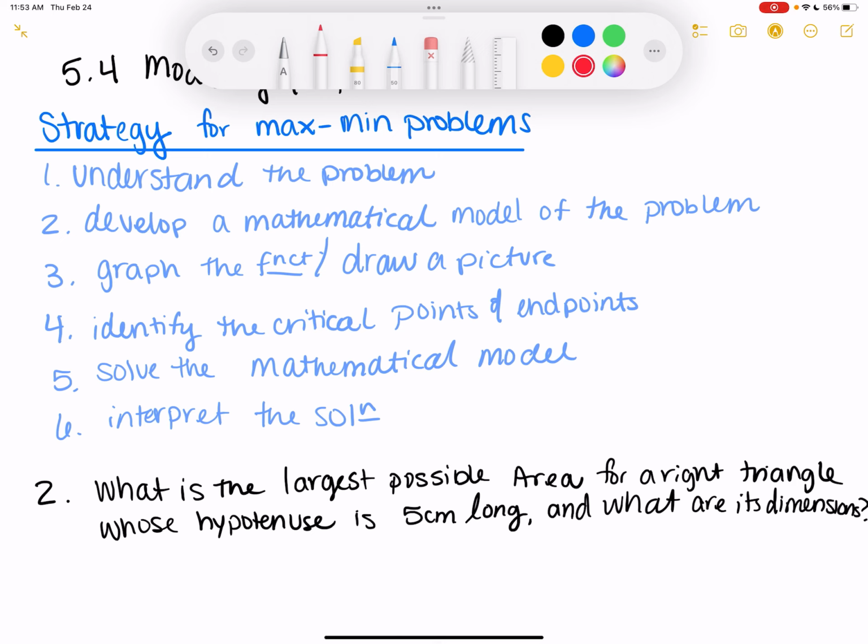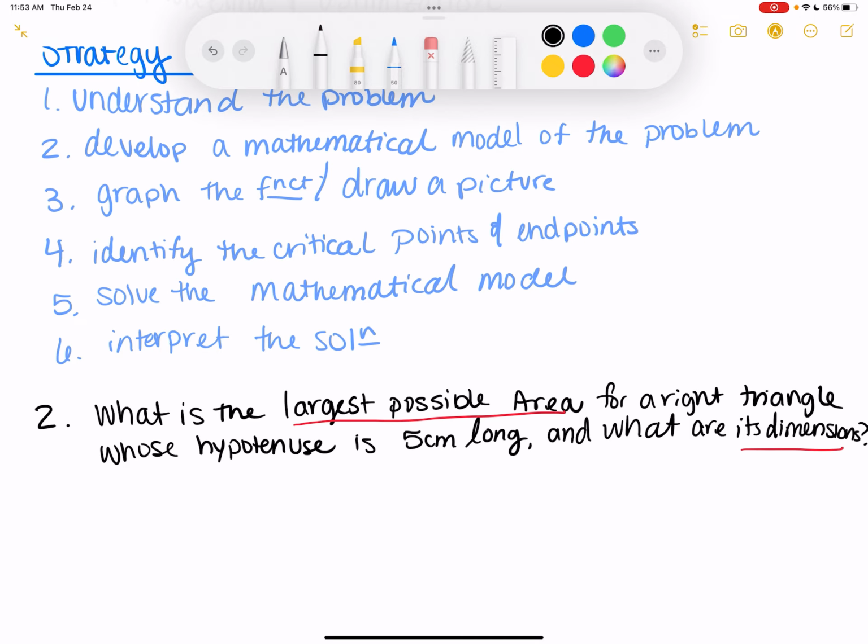All right, so understanding the problem, it's asking us about the largest possible area, and then it also wants to know the dimensions. So I'm going to go ahead and draw a picture.